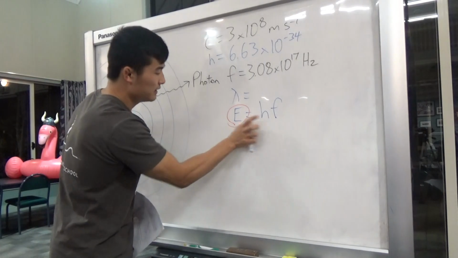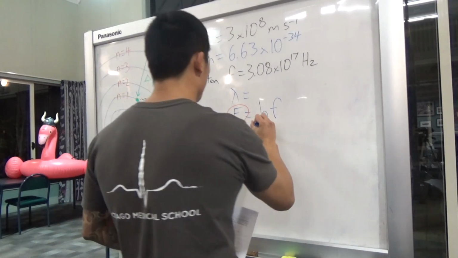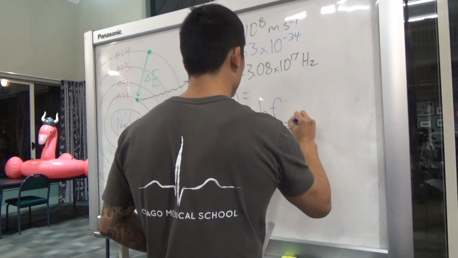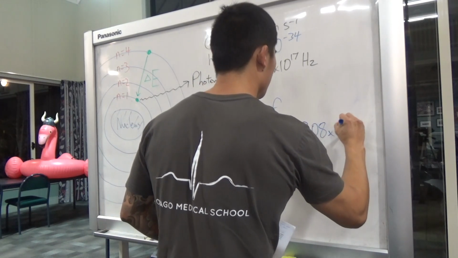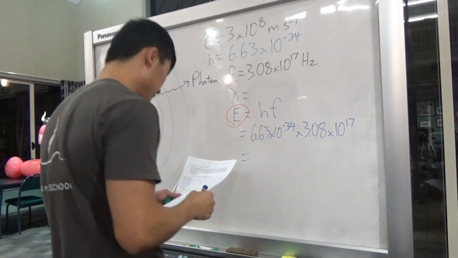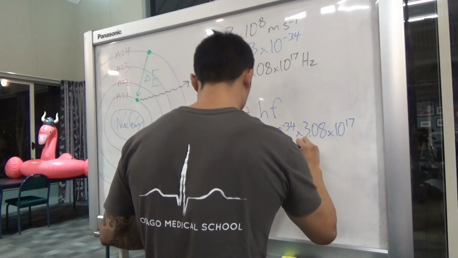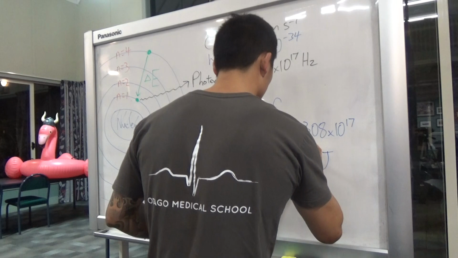That means your energy is equal to 6.63 times 10 to the negative 34 times your frequency, which was 3.08 times 10 to the 17, and that will give you 2.04 times 10 to the power of negative 16 joules.